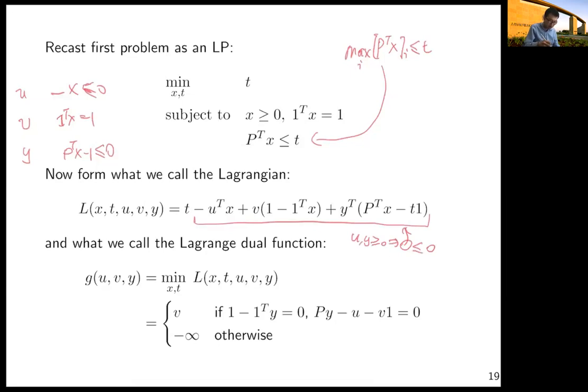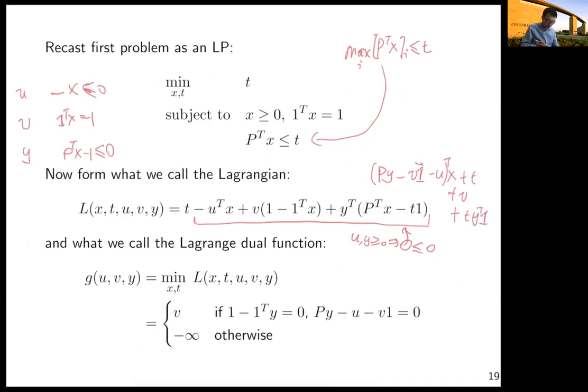When we collect the coefficients of x, we get p y minus v times the vector 1, and minus u transpose x, and then we collect everything else: plus t, plus v, and plus the last term involving t times y transpose with 1.